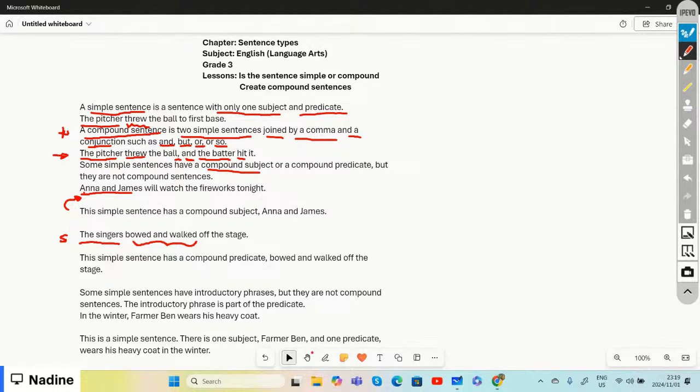So here we have bowed and walked. It's two predicates. We call that a compound predicate joined by the word and. This is still a simple sentence: one subject but two predicates. Here we have two subjects, one predicate. Both of these are still simple sentences.